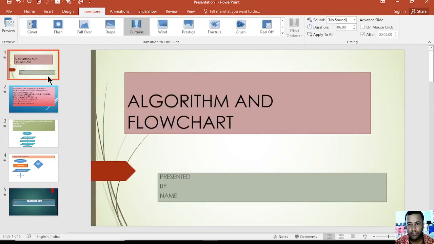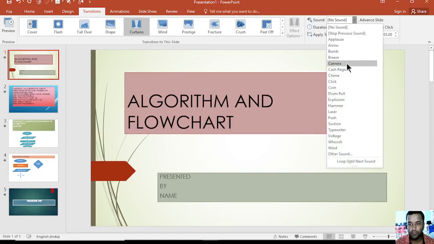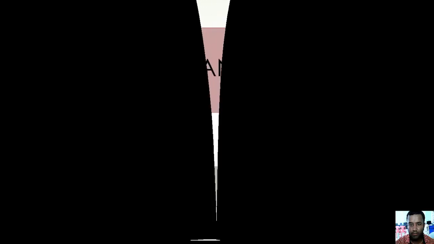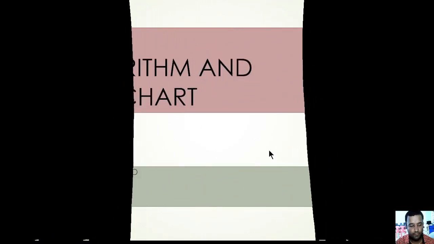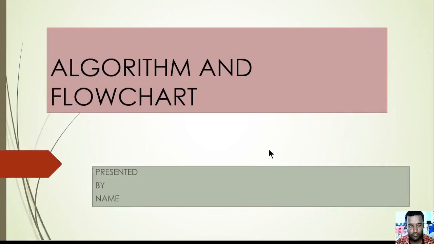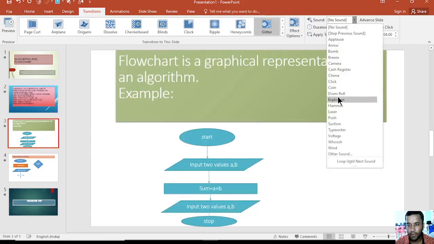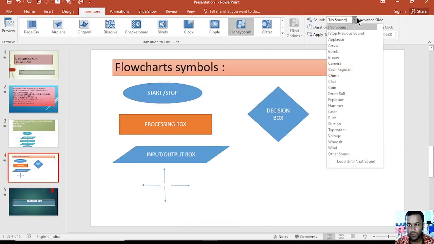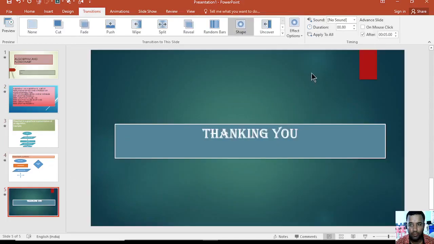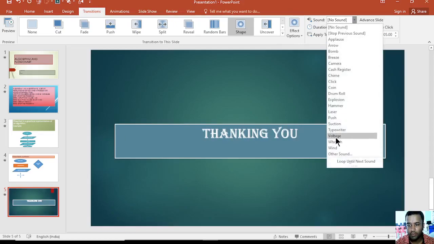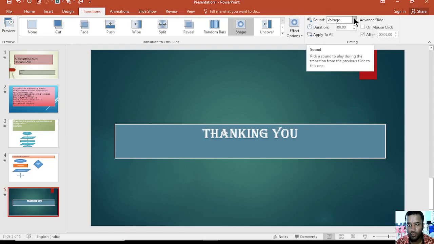Now how to set sounds in a slide. First select the slide, then go to the transition tab, then click the sound option. For example, next step, suppose coin, after that drum, drum roll, then different sounds you can set, and you can also set movie audio.